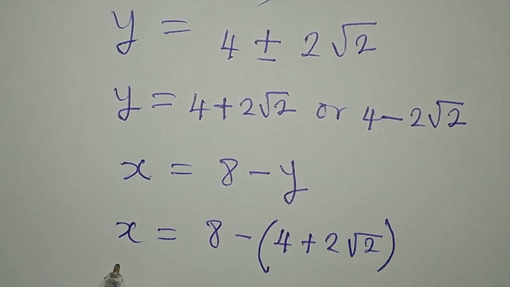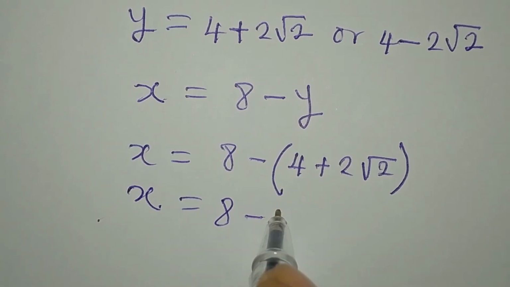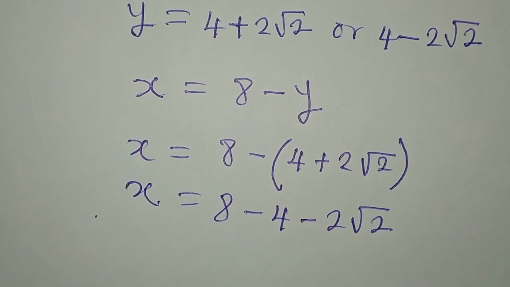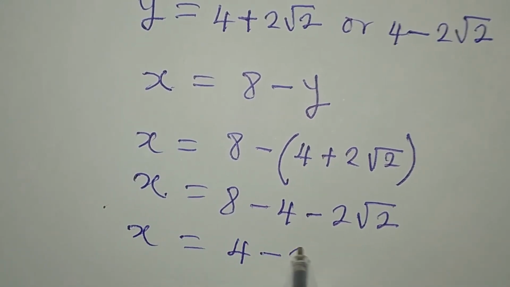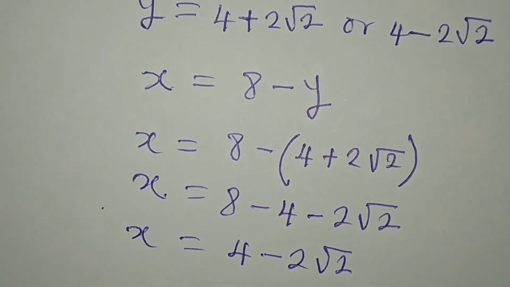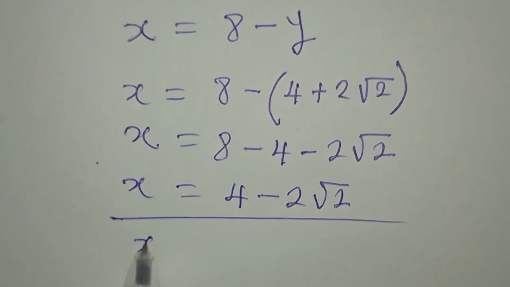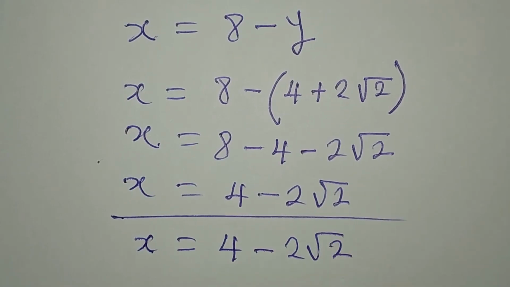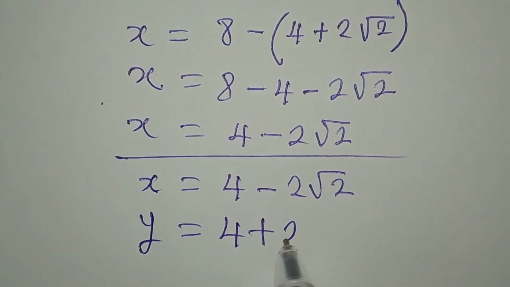And then x will be equal to 8 minus 4 minus 2 root 2. So 8 minus 4 now is equal to 4. Then we have minus 2 root 2. This is the first value of x. Now we are saying that when x equals 4 minus 2 root 2, y equals 4 plus 2 root 2.